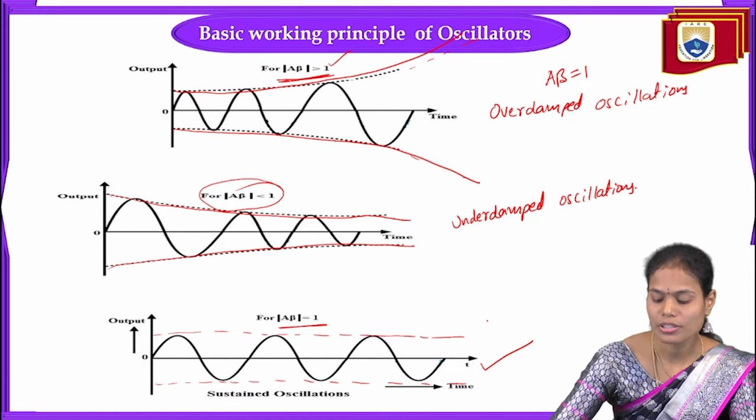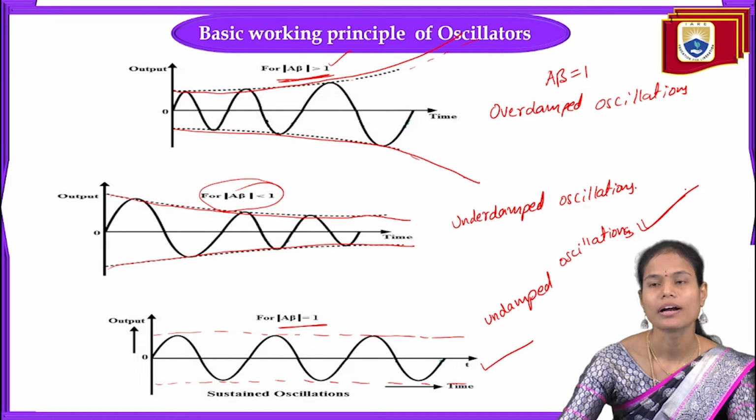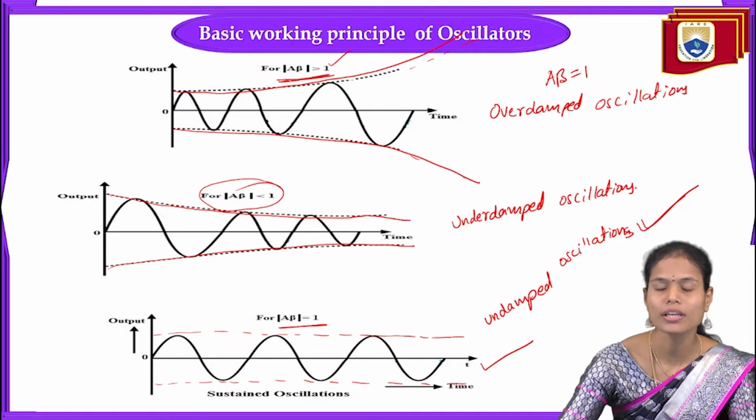This particular signal is an undamped signal without any variations. So we always prefer these undamped oscillations only from any kind of oscillator network.